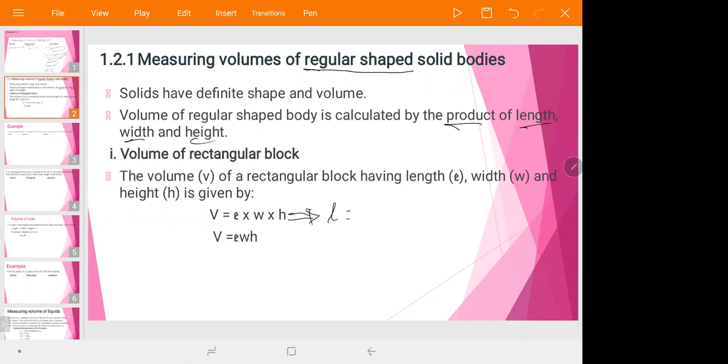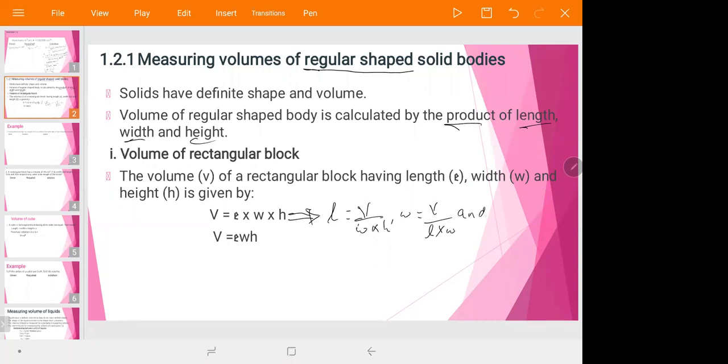The length of a rectangular block is equal to the volume of the rectangular block divided by width times height. Clear? Yes. Likewise, width is equal to volume over length times height.